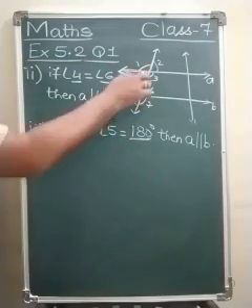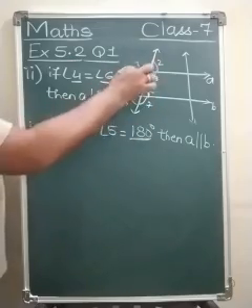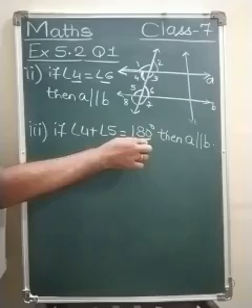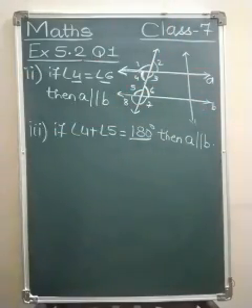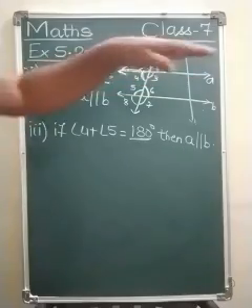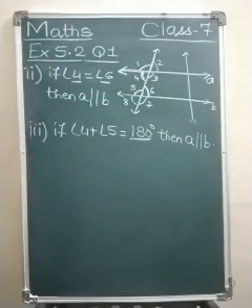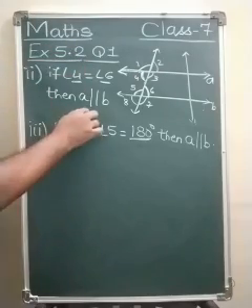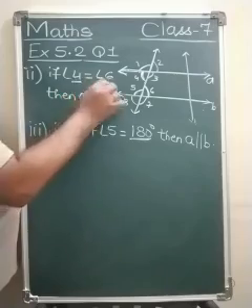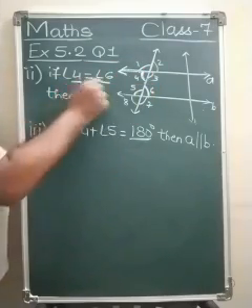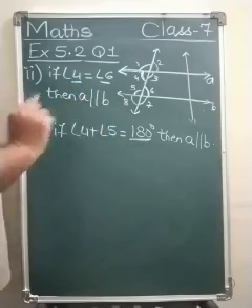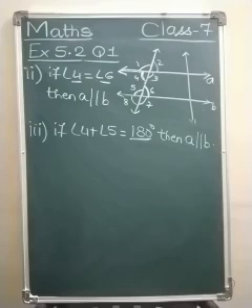If their sum is 180 degrees, then these two lines should be parallel to each other. Okay, so it is like a bridge going on that side and coming from that side. For both ways the bridge is used. So if A is parallel to B, then 4 and 6 are equal, that is alternate interior angles are equal. If 4 and 6 are equal, then A and B should be parallel. These two lines should be parallel.